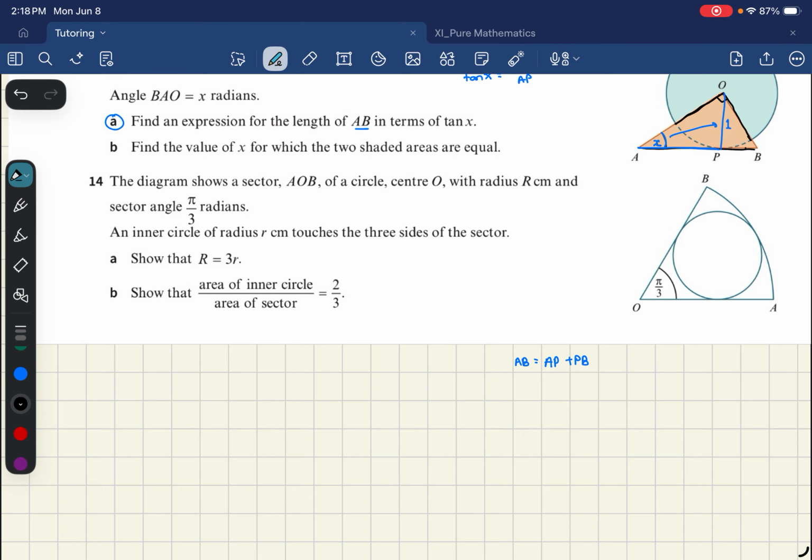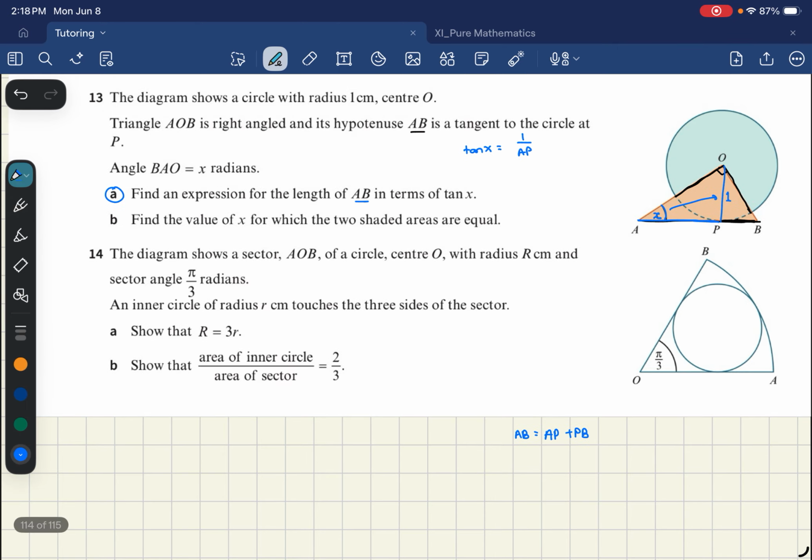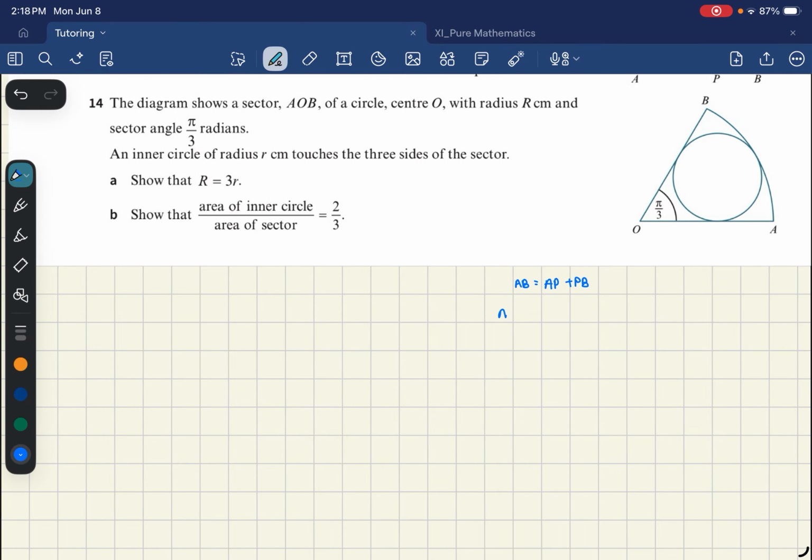And what is PB? PB is this value. All right. So now I know AP. From this expression, AP is going to be 1 over tan x, right? Just switch. You take AP here, you take tan x here, you're going to get this expression. So AB is 1 over tan x plus PB.